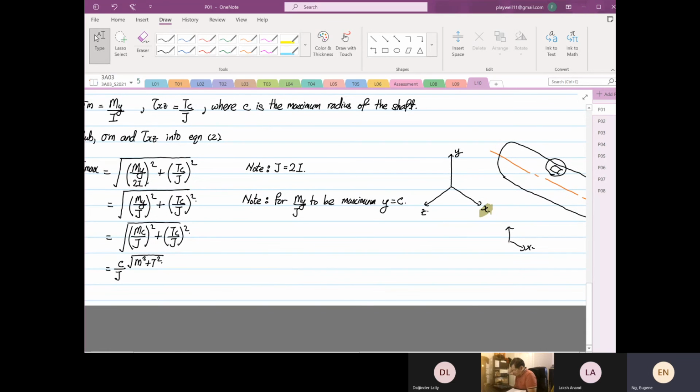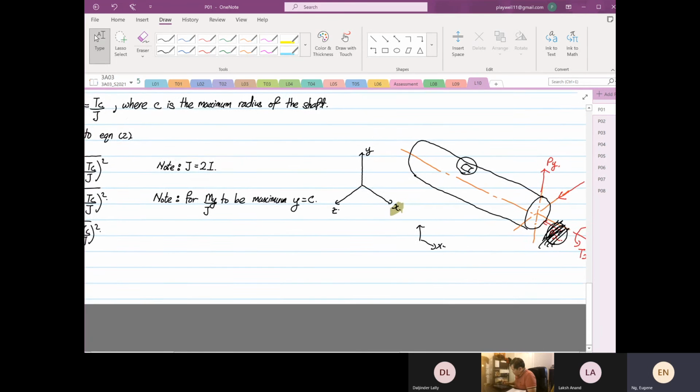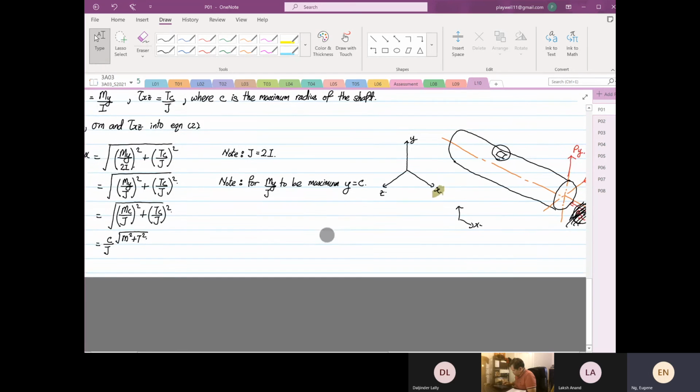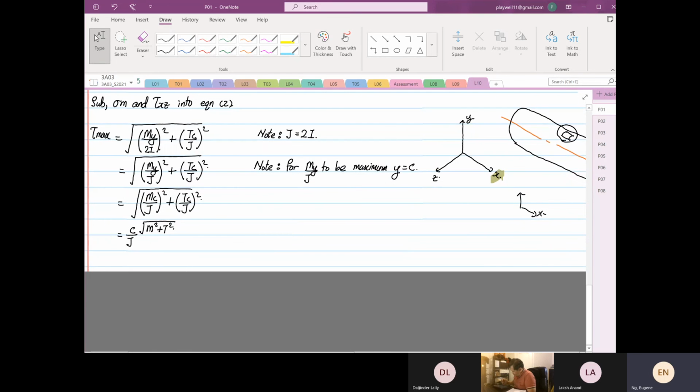So from this transformation, M is the moment in the y direction plus the moment in the z direction, whereas the torque is in the x direction.